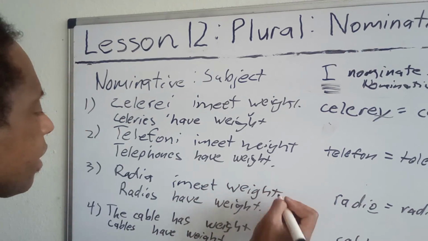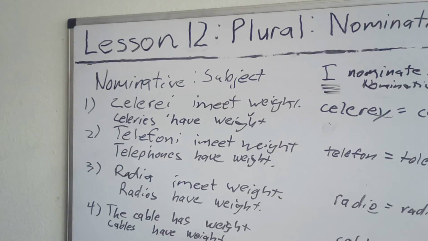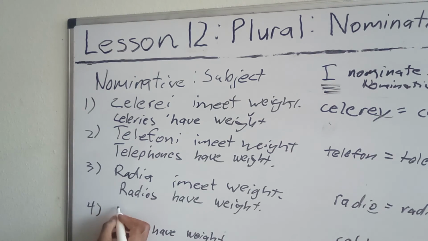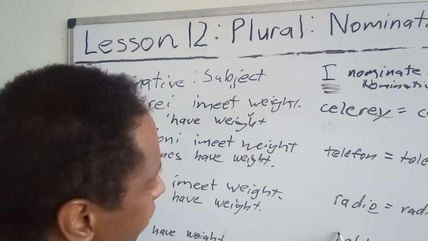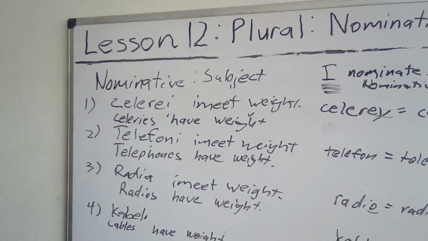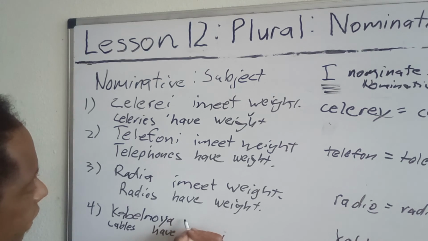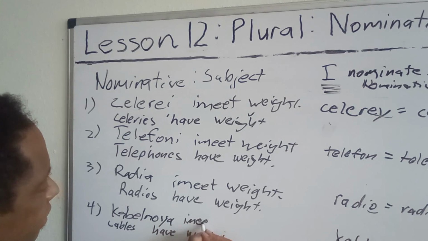Next, cables have weight. It ends in A. O to A, E to Ya. So we say, oops, I think I wrote it wrong. My mistake, I am so sorry. It's a K, not a C. Kabelnoya have weight.